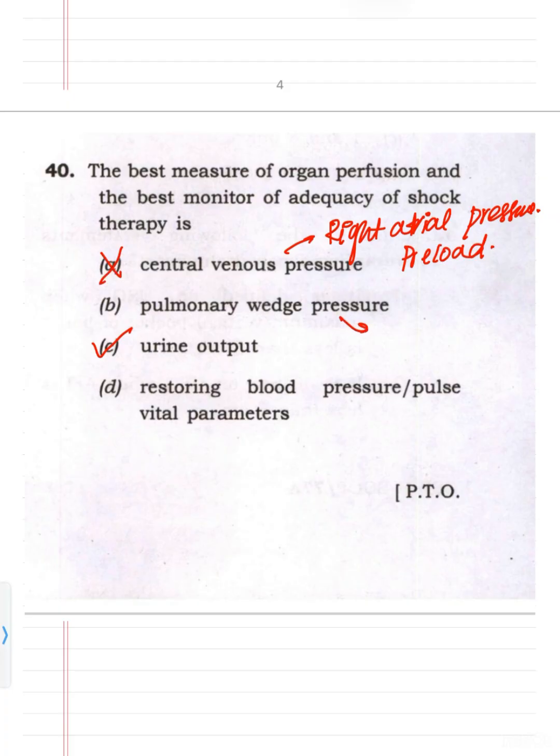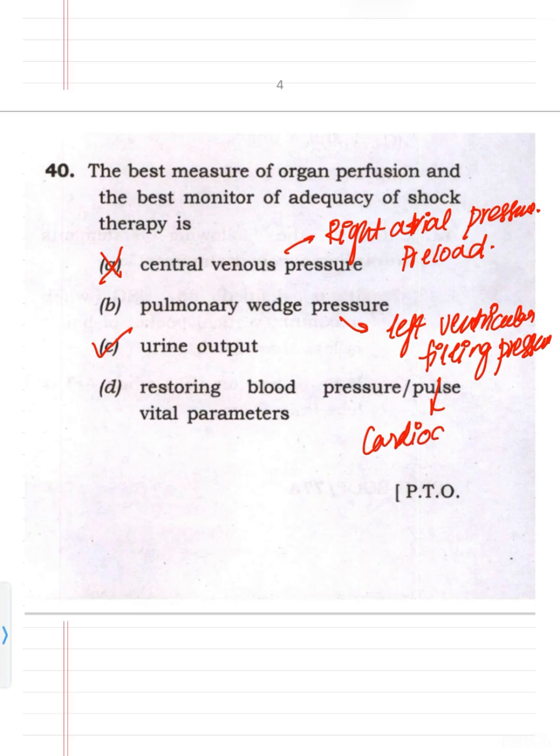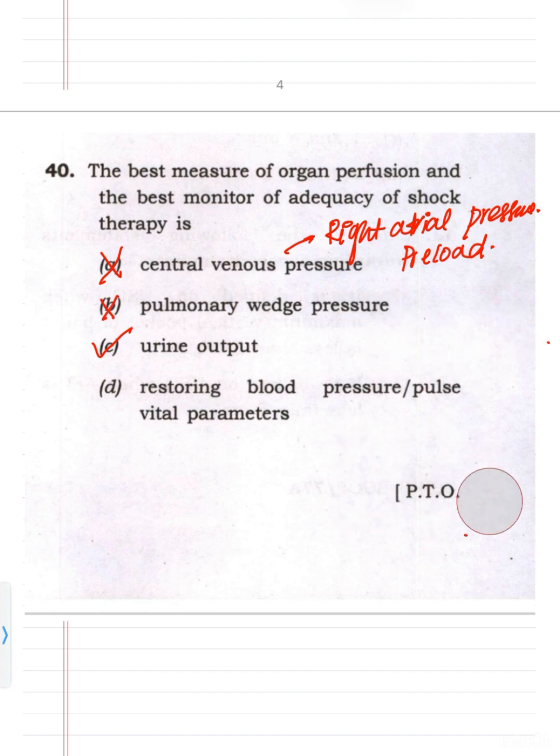Pulmonary wedge pressure measures left ventricular filling pressure. Its use comes in cardiogenic shock, when we want to know if cardiogenic shock is present or not, or for hemodynamic assessment, but not here. So this is again wrong. So B is also wrong.